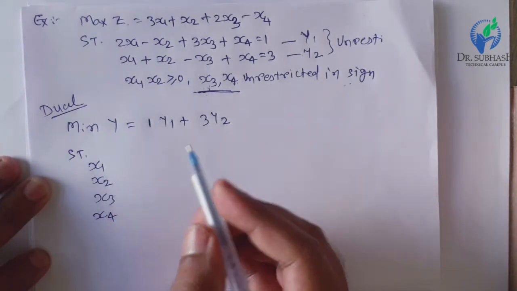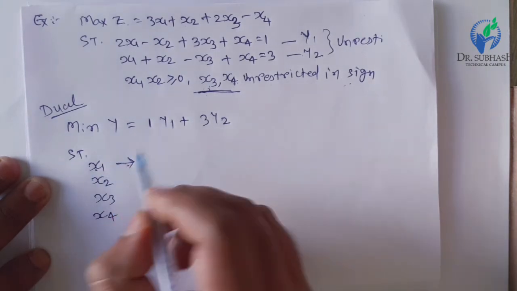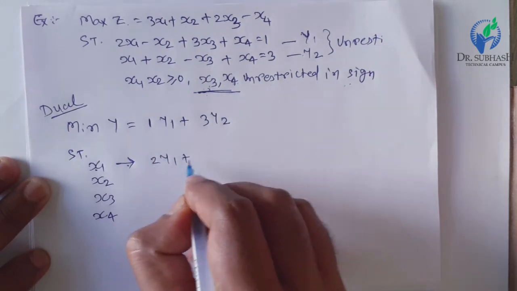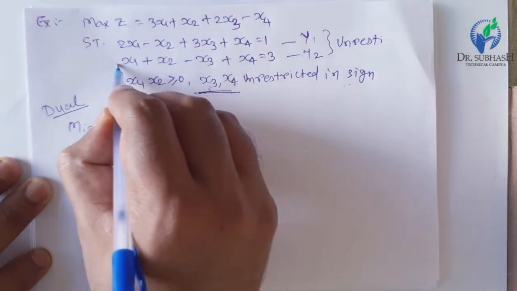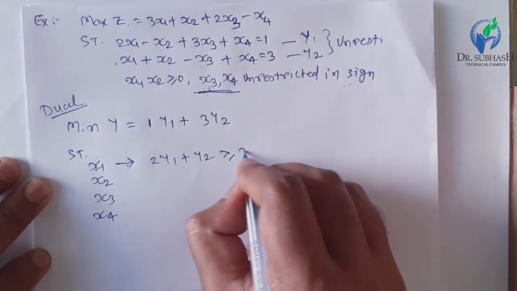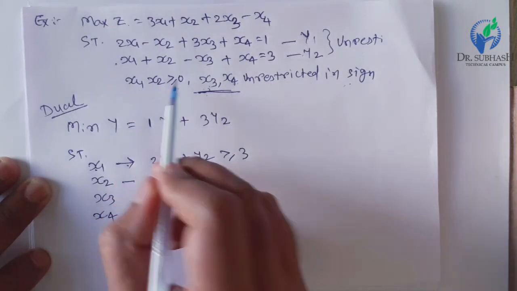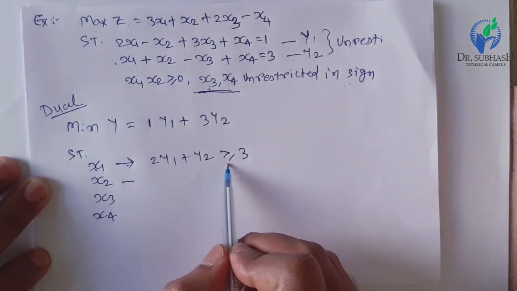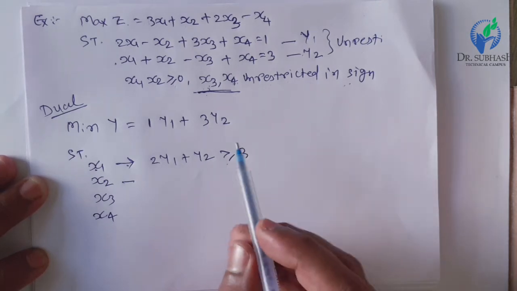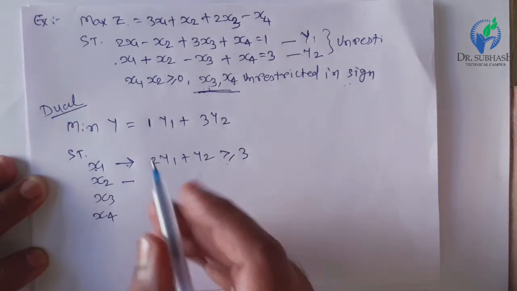Related to x1, the constraint is 2y1 plus y2 greater than or equal to 3, because x1 is greater than or equal to 0, so the constraint is greater than or equal to, as per the rules of converting primal into dual.